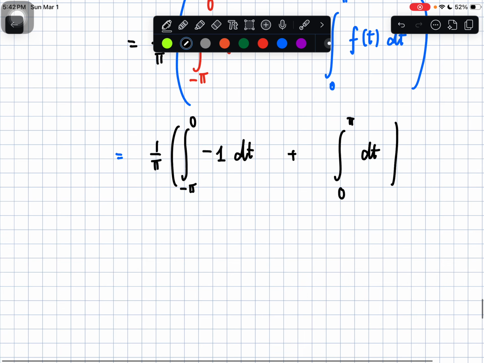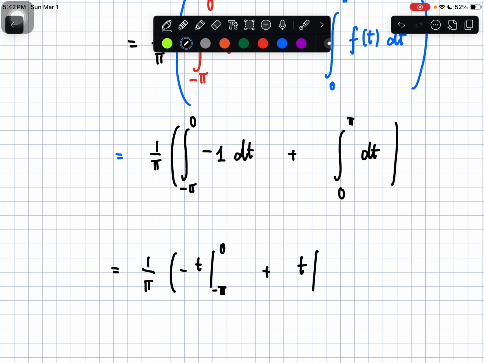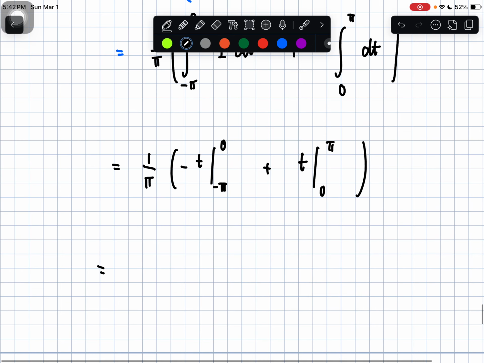Now this is 1 over pi times minus t. You plug in the values, the limit from minus pi to 0, plus t from 0 to pi. So 1 over pi times minus 0 minus pi.